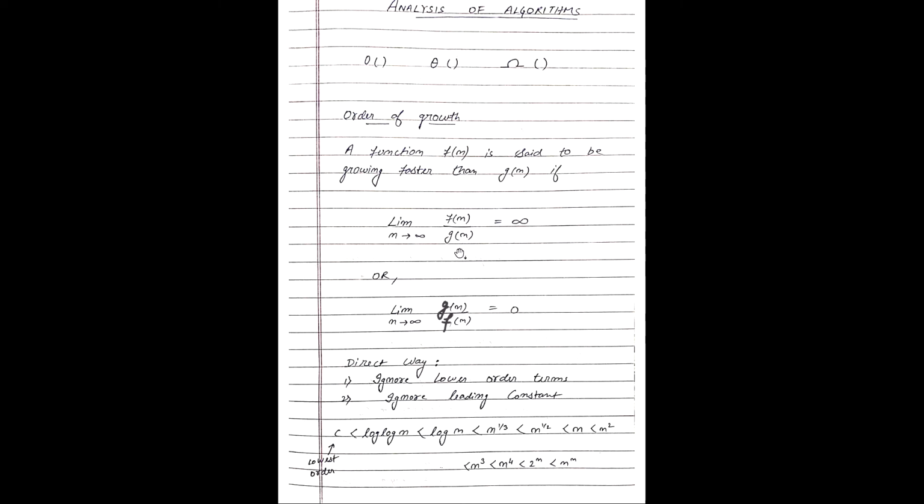If we divide a very high value by a very low value, the answer would be infinity. Likewise, if g(n) is very small and f(n) is huge, for example if g(n) is 1 and f(n) tends to infinity, then 1 divided by infinity would be 0, but infinity divided by 1 would be infinity, because g(n) is less.